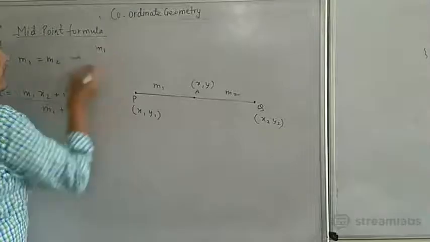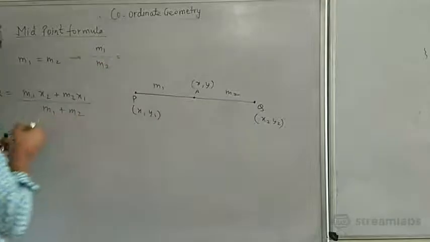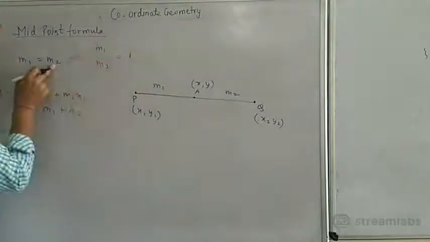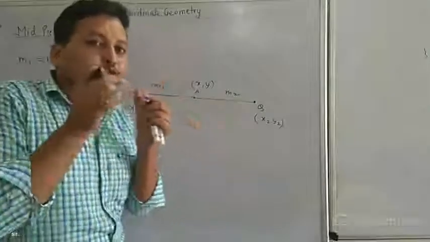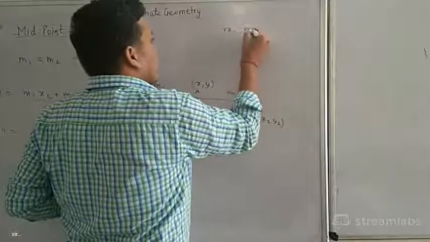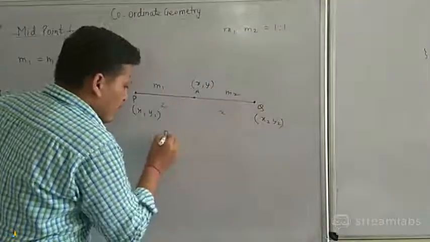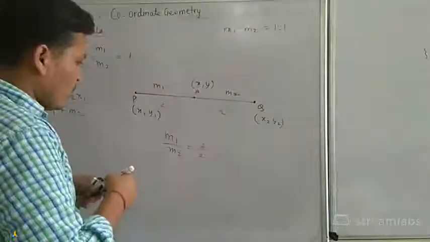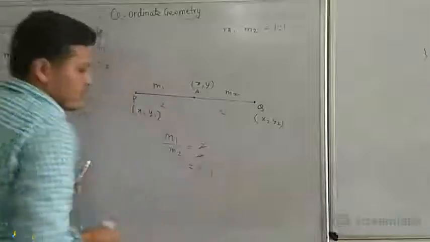We can write M1 upon M2 is equal to 1, because we are taking M2 in the denominator. So if the parts are equal, the ratio M1 to M2 is 1:1. If this is 2, then M1 to M2 is 2 upon 2, which is 1:1.